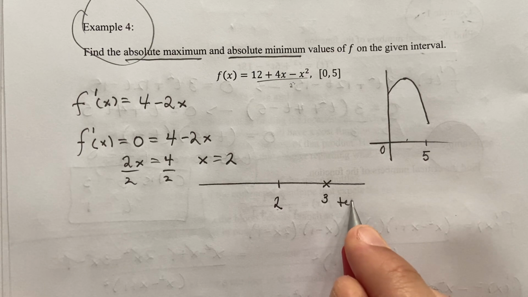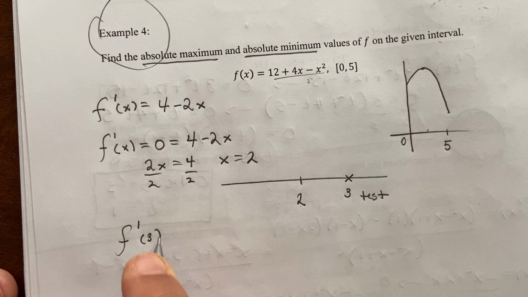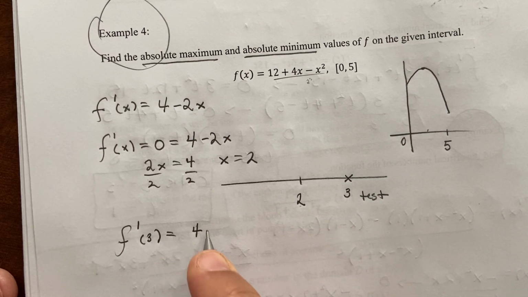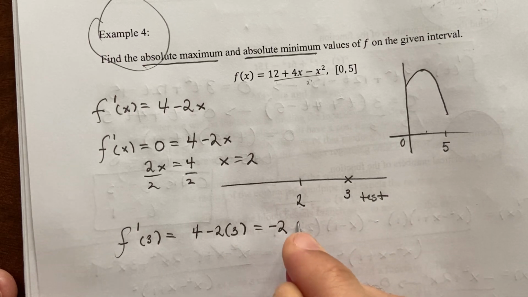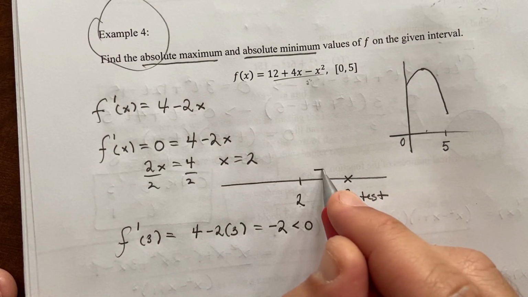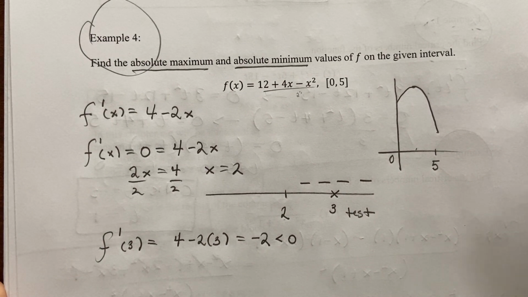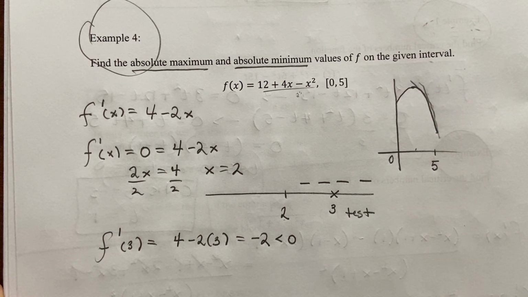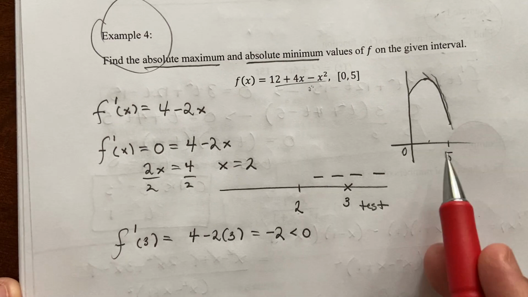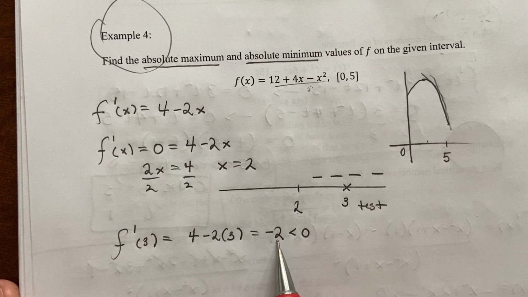So I'm going to find f prime of 3: 4 minus 2 times 3. This is negative 2, which is less than 0. So over here, it's a negatively sloped tangent line. That's this negative slope, or that negative slope, or that negative slope. That's why this is a negative number, because I tested on the right of our critical number and I'm getting a negative value, which is an indicator of slope.